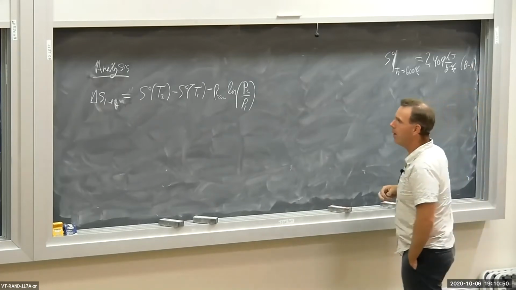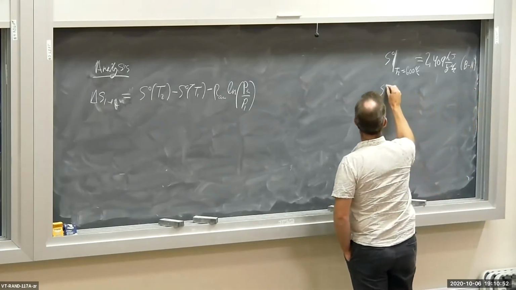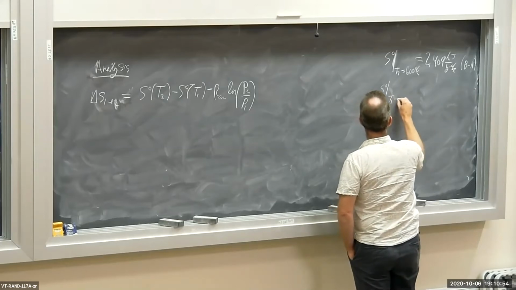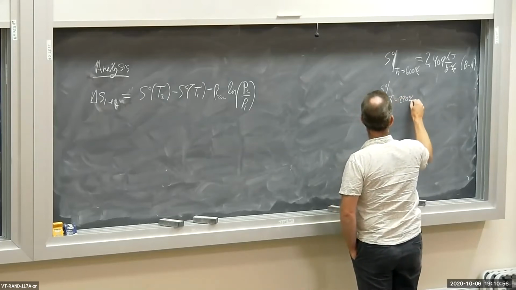Let's also look up S naught evaluated at T1, which is 290 degrees Kelvin.